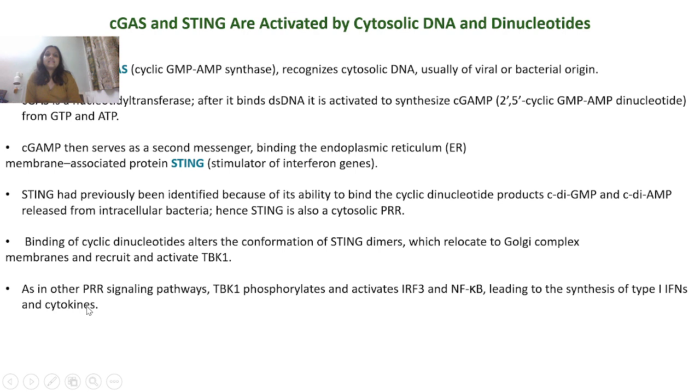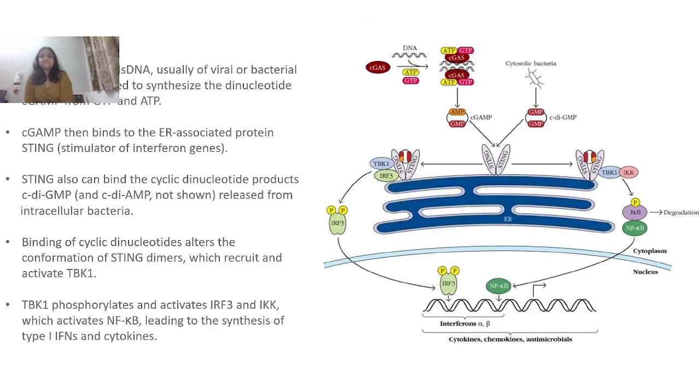So cGAS and STING are also cytosolic receptors. cGAS, after recognizing double-stranded DNA, gets modified to cGAMP. Then cGAMP stimulates STING, then STING activates the downstream signaling molecule TBK1, and activates IRF3 and NF-kappa B signaling. Then similarly this leads to the synthesis of type 1 interferon and cytokines.